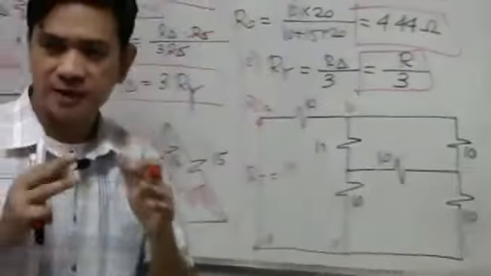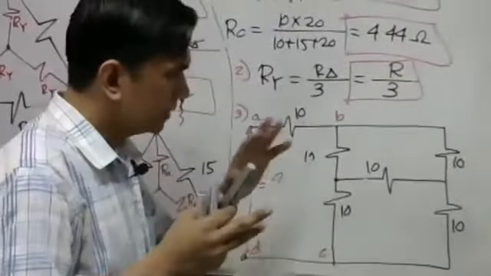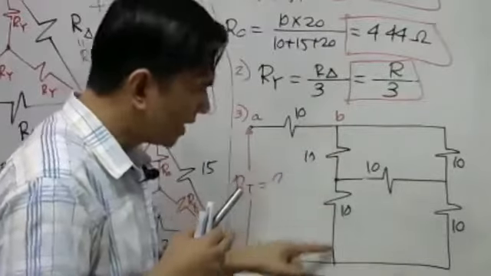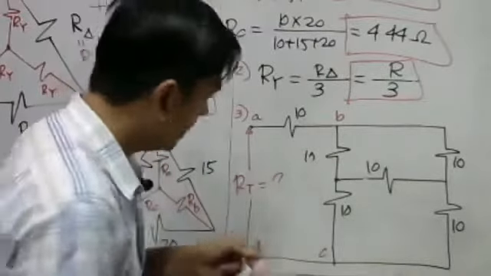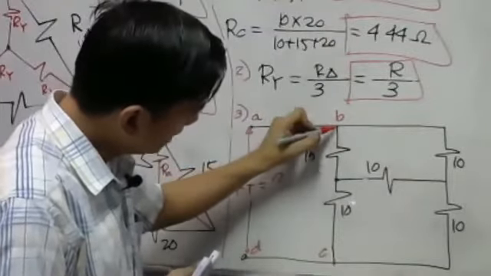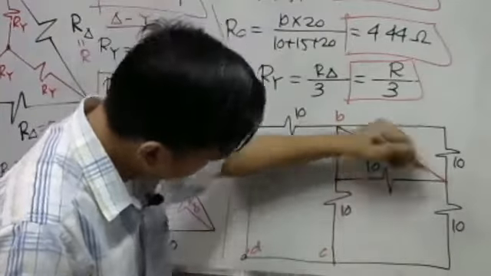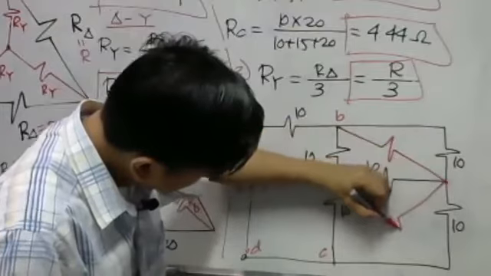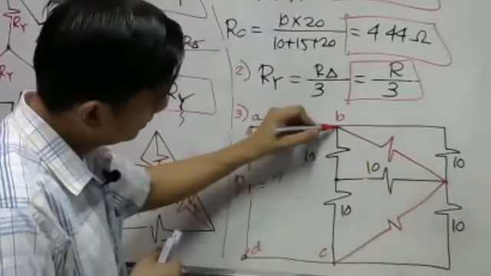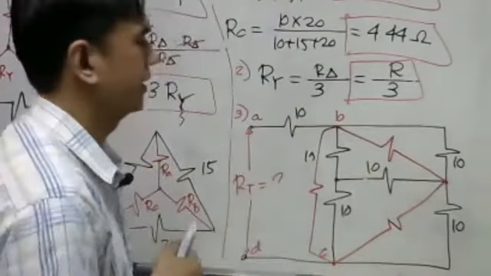I'll show you this method first; later I will show the delta converted to Y. I will convert this Y into delta. Remember, this is Y connected, I'll make this delta connected, and here I will also make this delta.